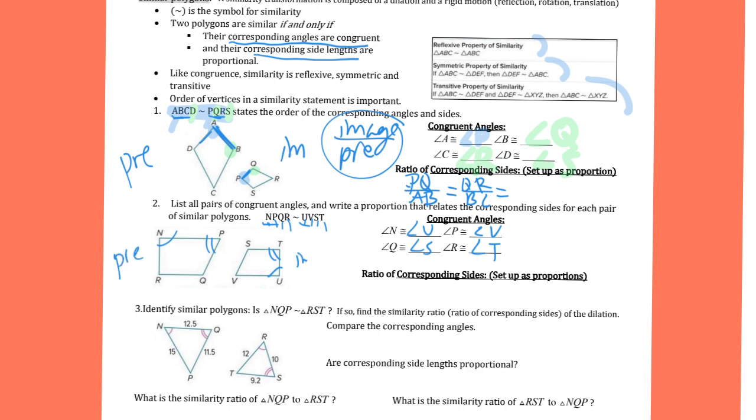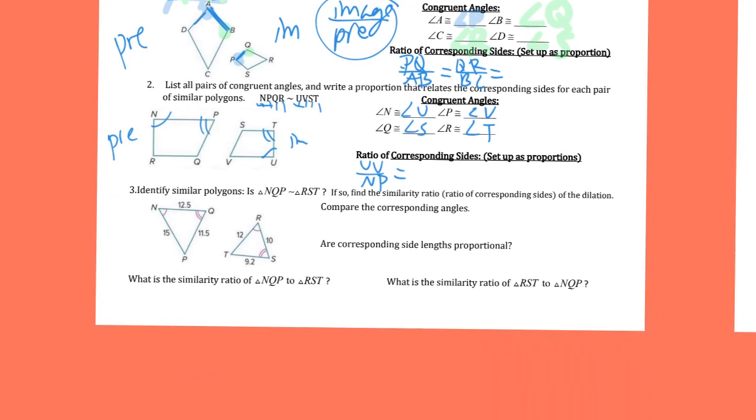So you could do UV over NP, and as long as you have the ratios in the same consistent order, that's fine. UV would be over, and we don't know the length, so it doesn't really show us very much. So write the corresponding sides over each other, and that should reduce to be the same ratio.